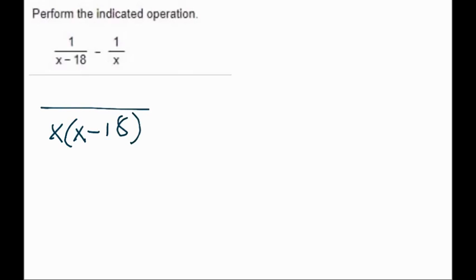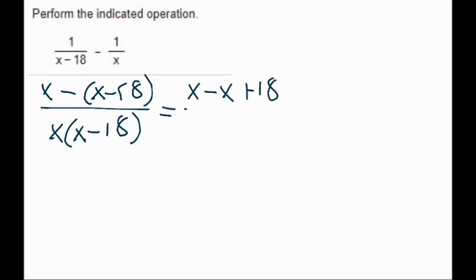And what we're going to do here, so we would take x times 1, then we would take negative 1 times x minus 18. What we'll do is we'll just do this right here, negative x minus 18. And we'll continue on with this. We'll distribute that negative, so it'd be x minus x plus 18 over x times x minus 18.